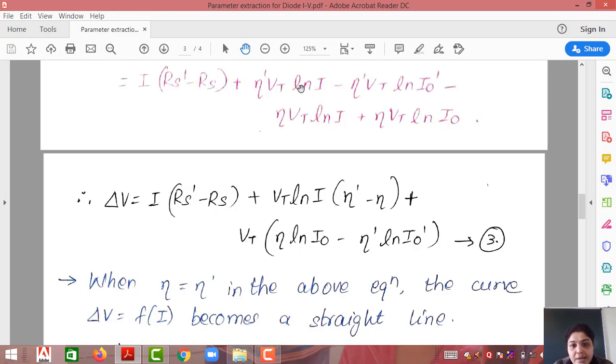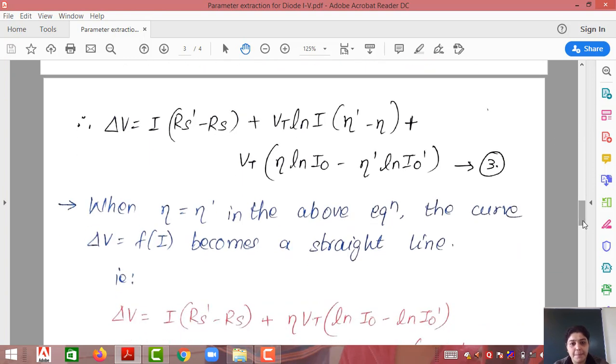So what I did is take Vt into ln I common from these two terms, I will get eta dash minus eta. Similarly, these two terms have only Vt as common. So Vt common, we will be getting eta ln I0 minus eta dash ln I0 dash. So this equation we got as equation number 3.